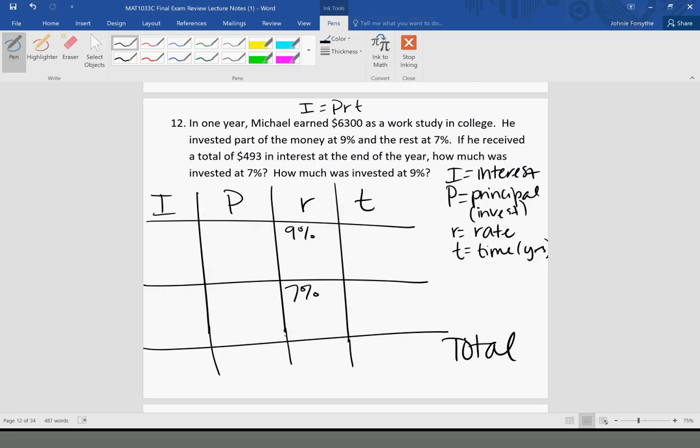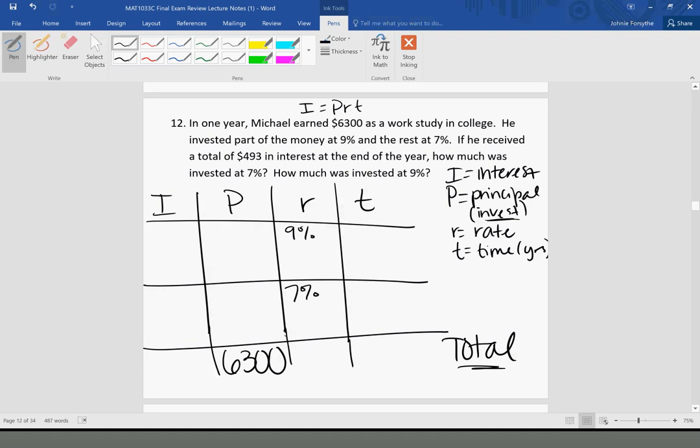So let's look at all of our information. So in 1 year, Michael earned $6,300 as a work study in college. So that's his total amount that he's going to invest. He's investing all of that. So his total investment is the $6,300. So I'm going to put it in my little table. That's the total.